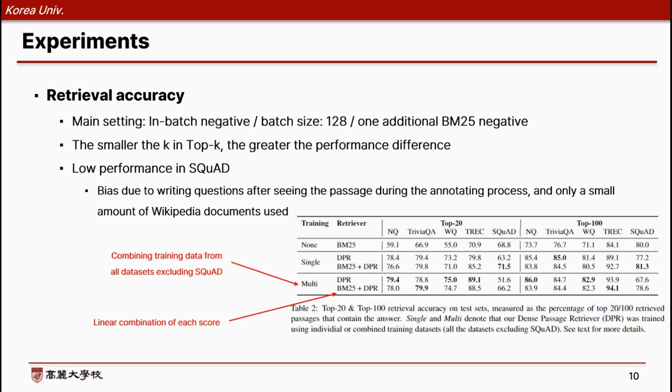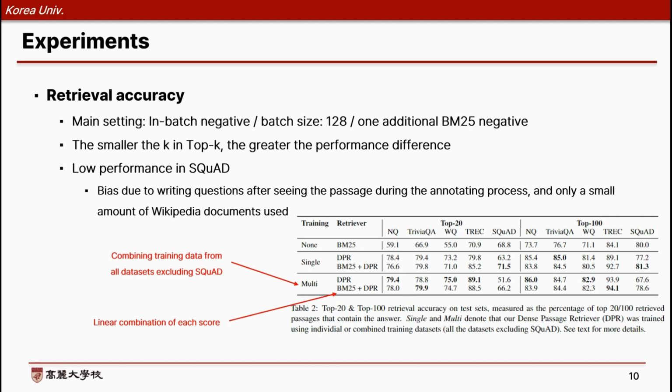Also, on the SQuAD dataset, we can see that the heuristic technique performs well because biases exist and use a small amount of Wikipedia documents, because the annotator writes questions after seeing the passage on the dataset itself.